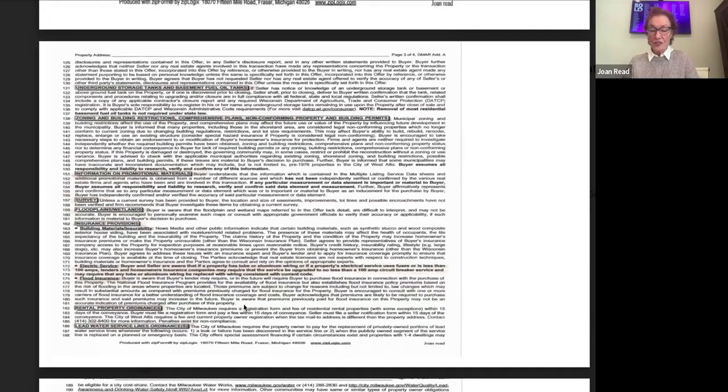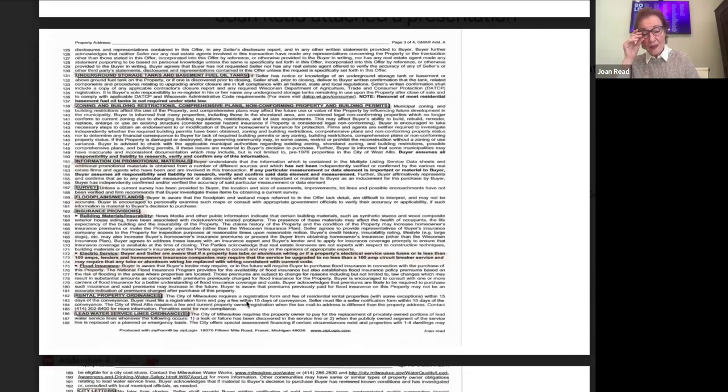And then page 3 of the addendum A talks about underground storage tanks and basement fuel tanks. If seller has notice or knowledge of an underground storage tank or basement above ground fuel tank on the property, or if one is discovered prior to closing, deliver to buyer written confirmation that the tank related components and procedures relating to the upgrading and/or closure are in full compliance with federal, state, and local regulations.